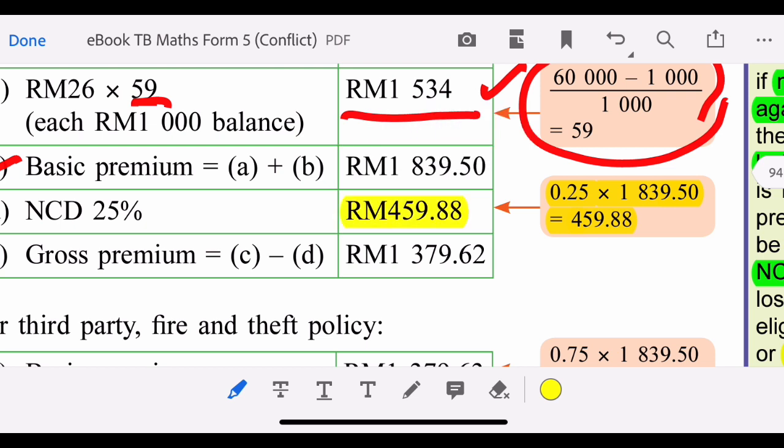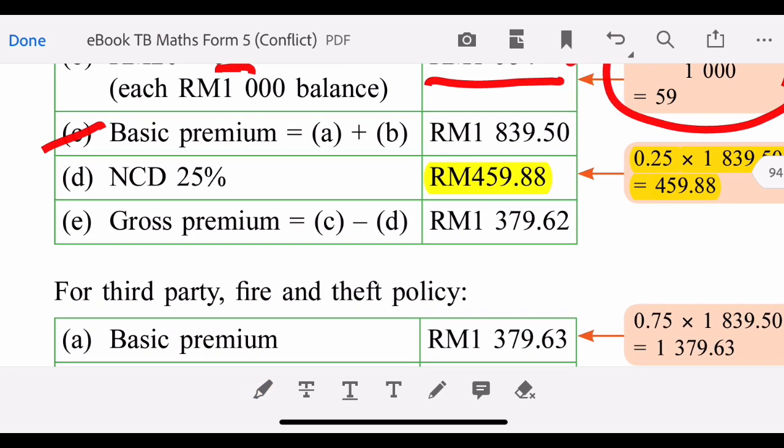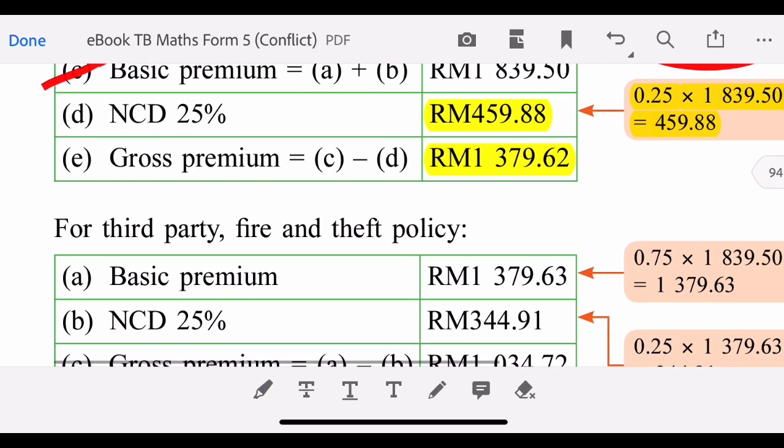So you can minus it from your basic premium. That means if there is no accident during that particular year, the gross premium you pay is just 1379.62.